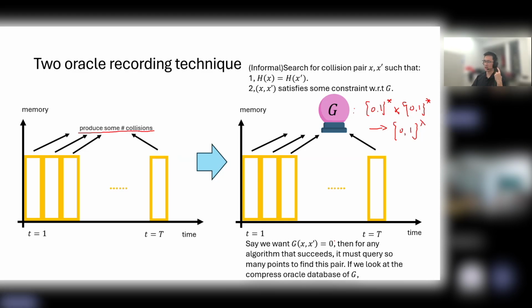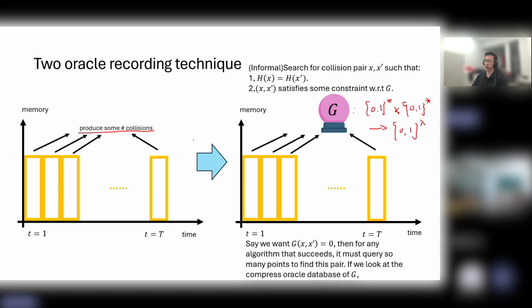Now, if you look at the compressed oracle database of G, what you get is a compressed database that consists of many collision pairs in H. So the compressed oracle database serves as the write-only tape in the original long output problem.